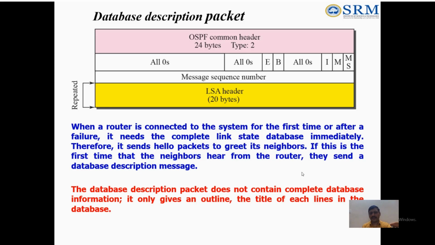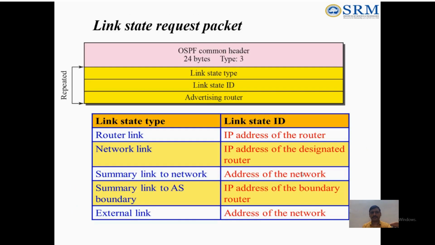Once a failure occurs, again we have to send hello packets to the neighbors. If it is the first time the neighbor hears the router, then they send a database description message. The database description packet does not contain complete database information. It only gives the outline, the title of each line in the database. It won't give the overall information about the links and everything. The basic details will be shared first.